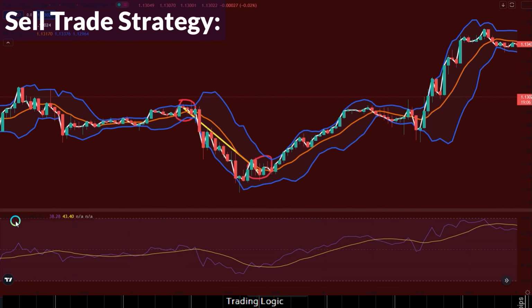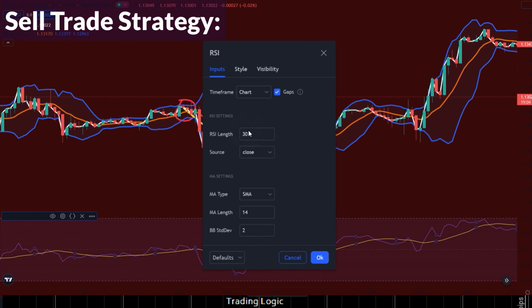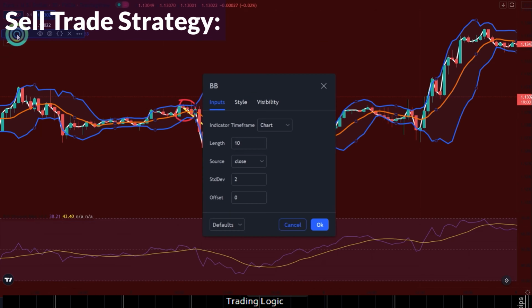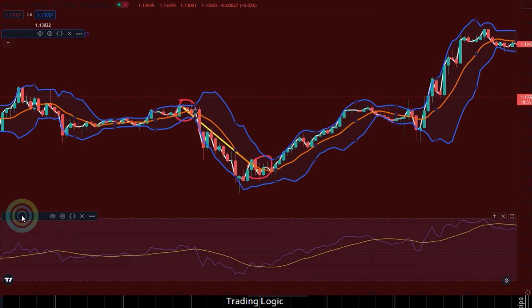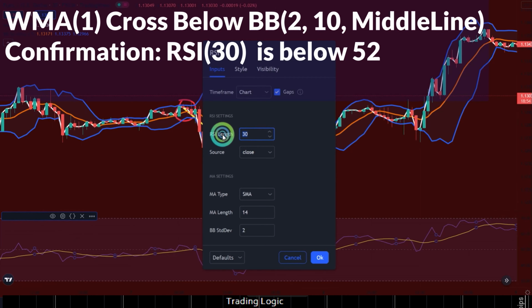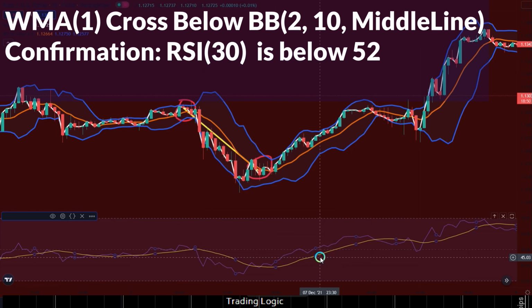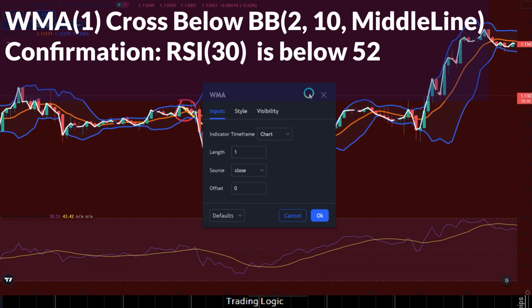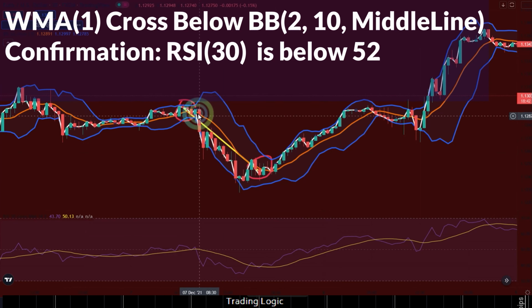So we take a sell trade when the weighted moving average crosses below the Bollinger Bands middle line, and it is our first condition to take the trade. We have a confirmation condition with the RSI, and it is very important to follow both rules and don't take the trade based on just the first condition.